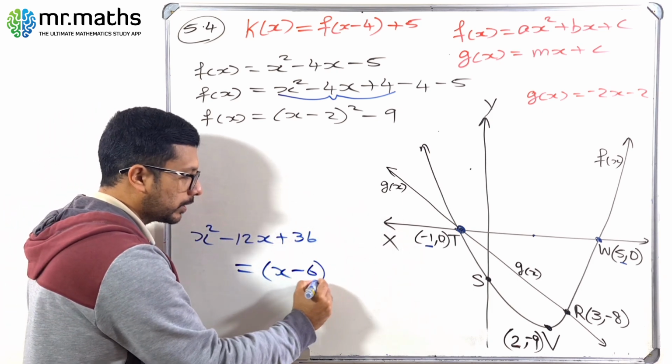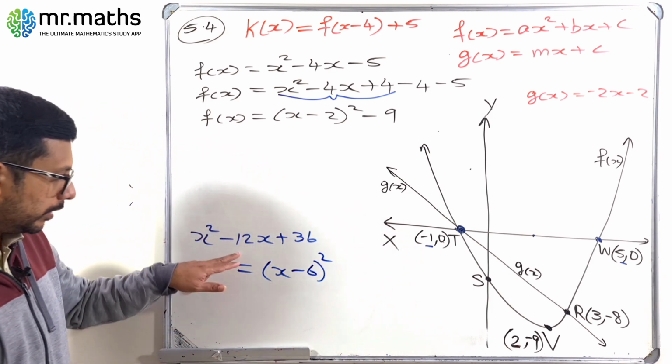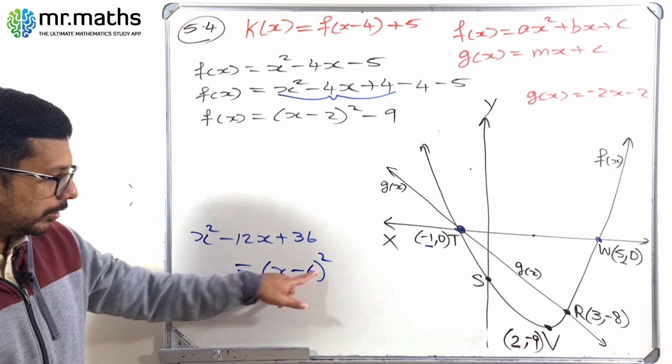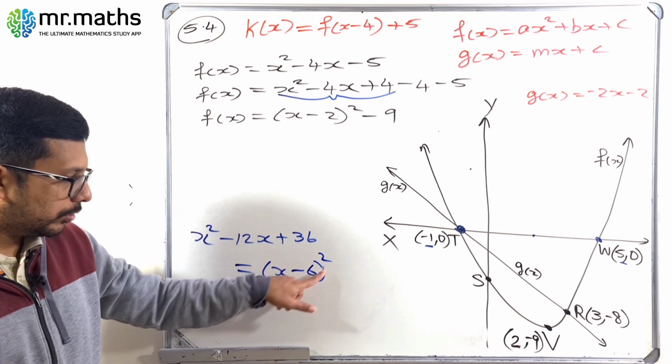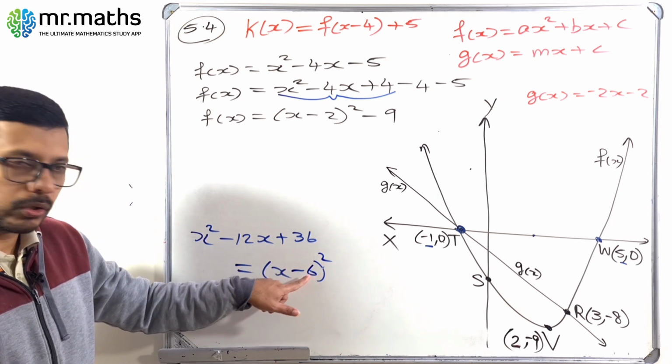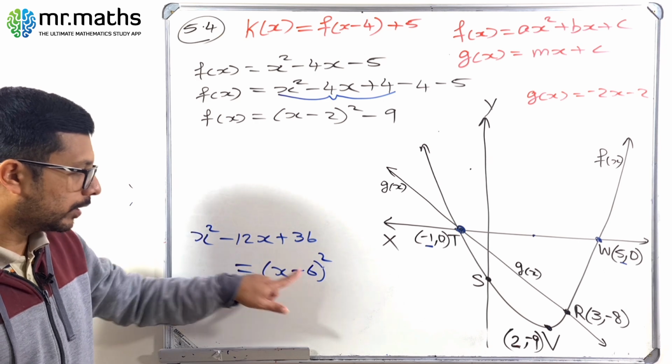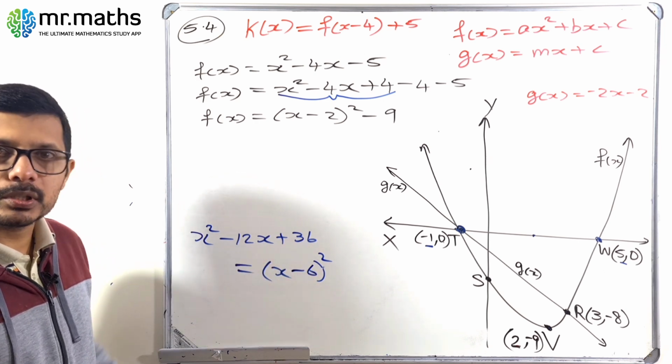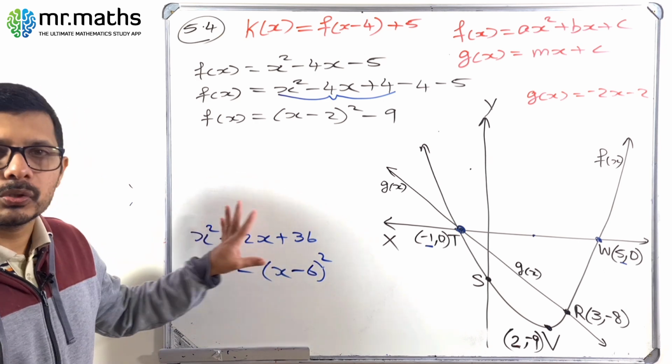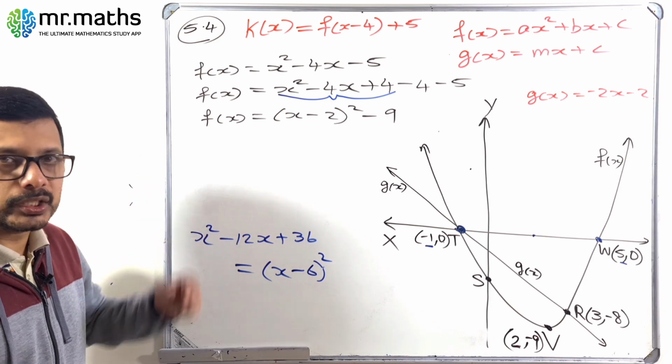So x minus 6 the whole square. Now you must check this is correct. 2 times x times 6, 2 times 6 is 12, minus 12x. 6 square is 36. So it's fine. Those who don't know this clearly, you have to watch the algebra section.